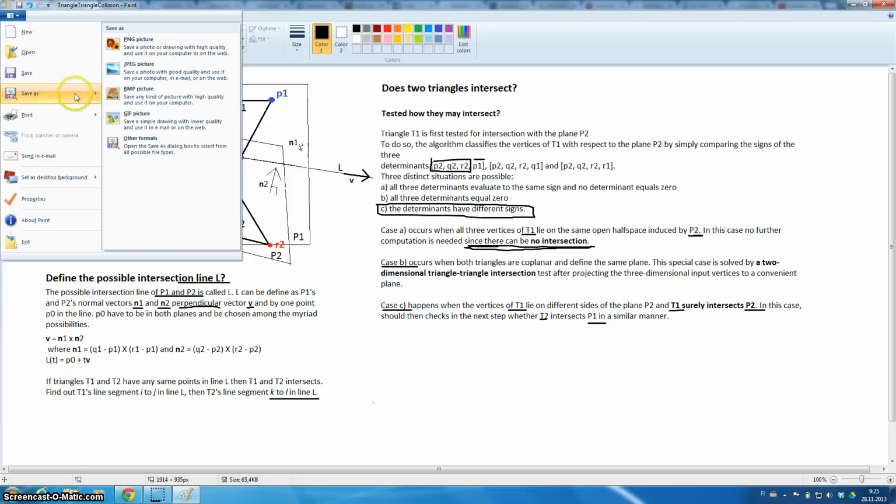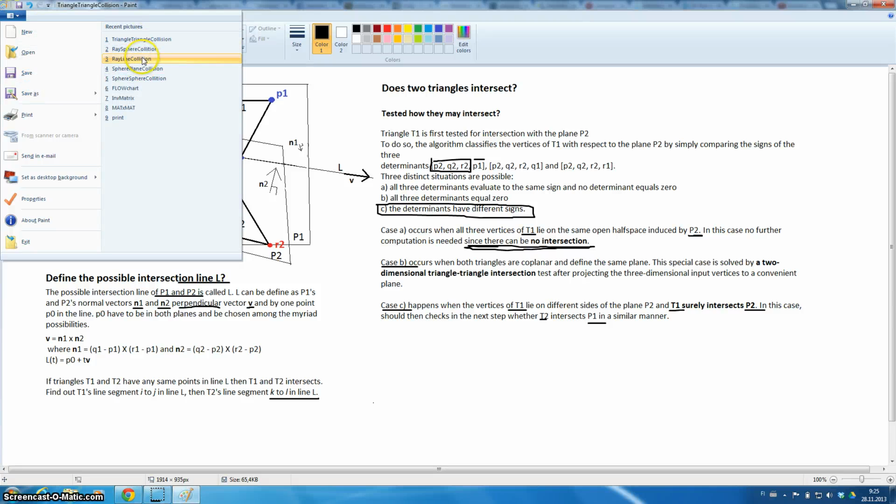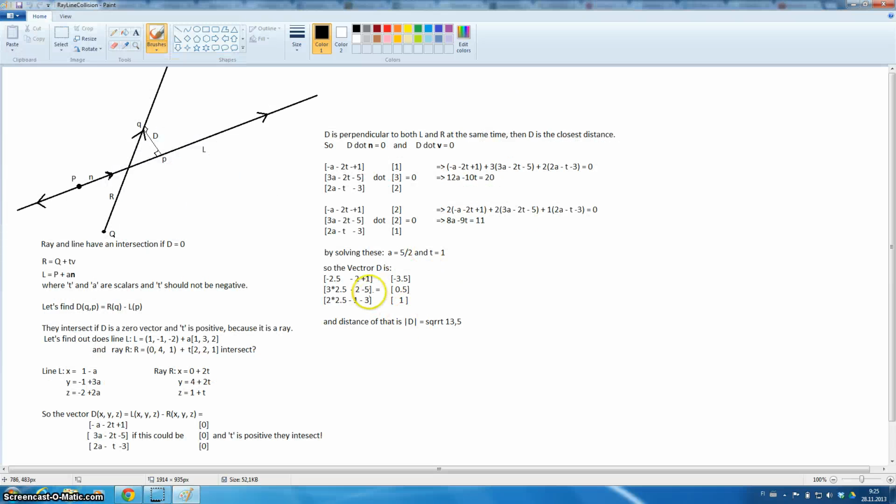Okay, then we have the intersection between rays and lines to calculate. Let's take ray-line collision. Here I have an example too, but the definition is that d, which is the distance vector, perpendicular to both vectors, is the closest segment between those lines.